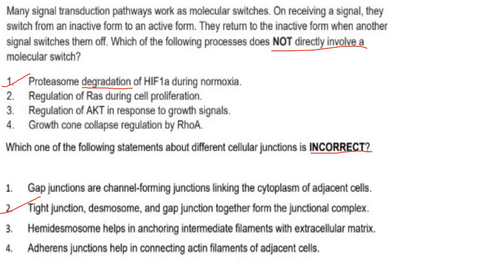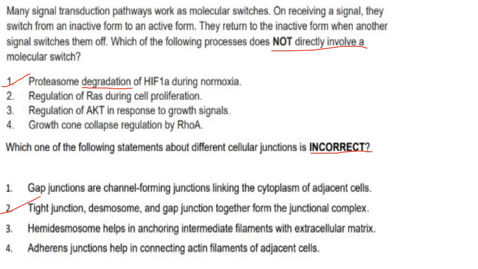Proteasome degradation of HIF1A during normoxia. That itself is the answer because it is proteasome degradation. The protein itself is degraded. Now nothing is left for switching it on and off. So answer is option 1. Regulation of RAS during cell proliferation.